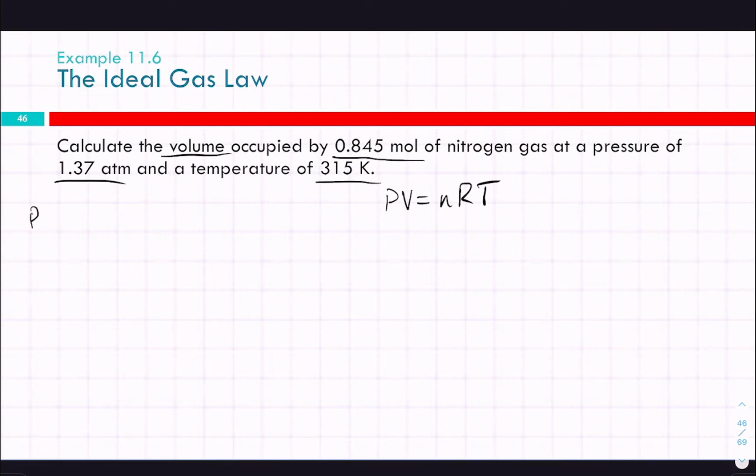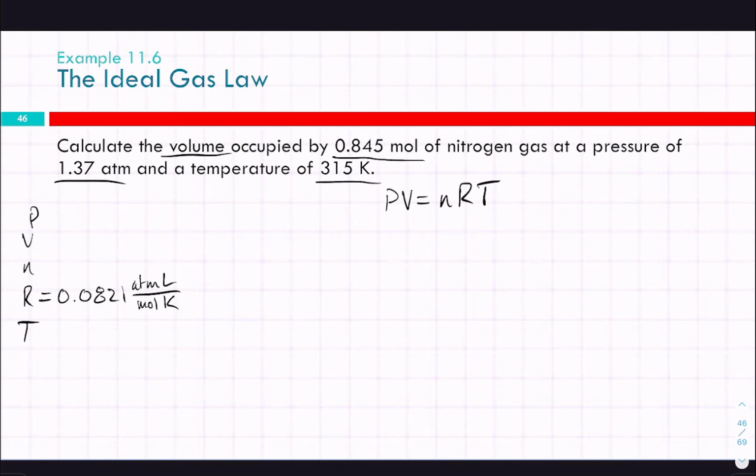So we can write all of our variables out, P, V, n, I'll write R here, and T. So R is a constant. It will always be the same, right? It'll be constant. So that's automatically 0.0821 atmosphere liter per mole Kelvin.